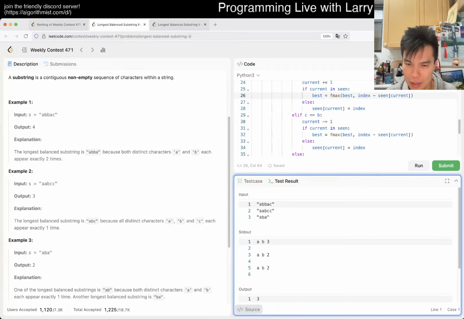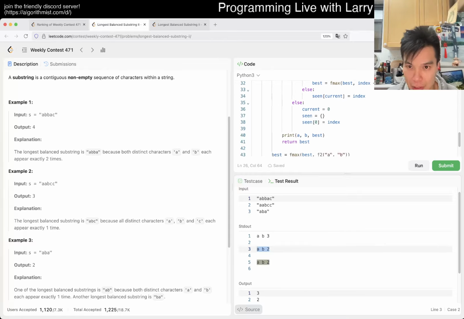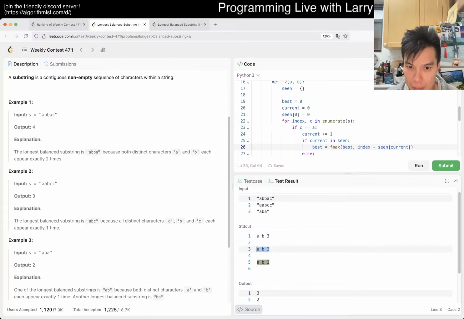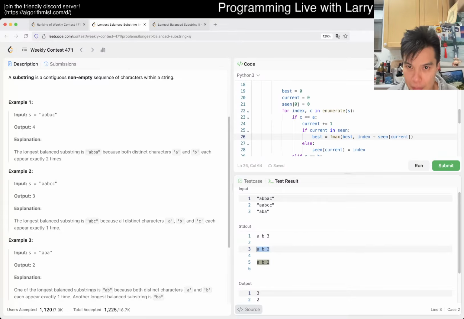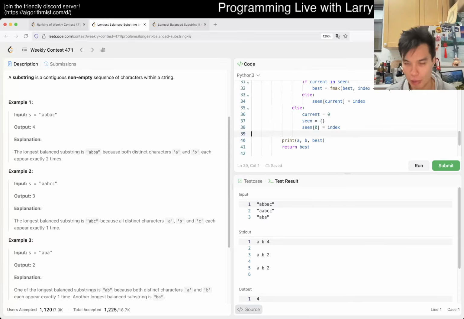I think there is the +1 though. Also, one of these is wrong, so it doesn't make sense. Oh, I see. This is because this is -1. Okay, I think this is now right because it's the index of the setup, of the index before. Okay.